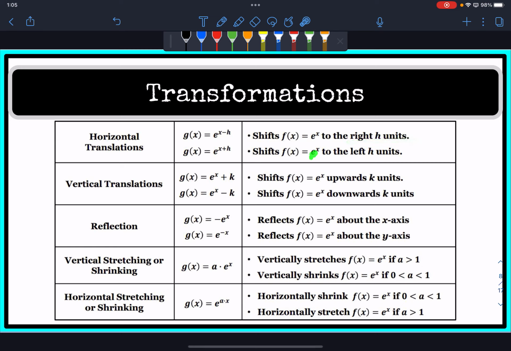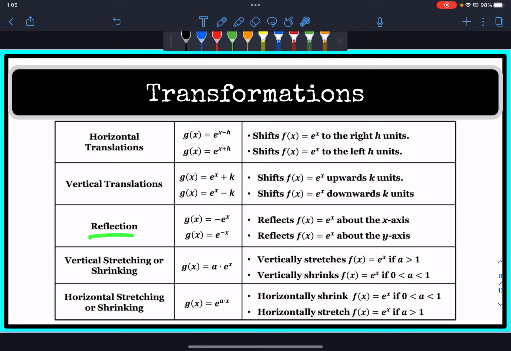By adding, this h is going to simply shift it to the left. Now if I want to translate it vertically, I either add or subtract a k to the entire function itself, not to the x. Adding it moves it upwards and subtracting it moves it downwards.